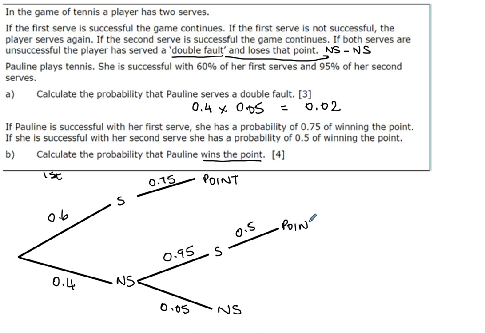You can see it's either that or that, and then we just multiply it straight across. She's successful on her first one, so it'll be 0.6 times 0.75, and this one will be 0.